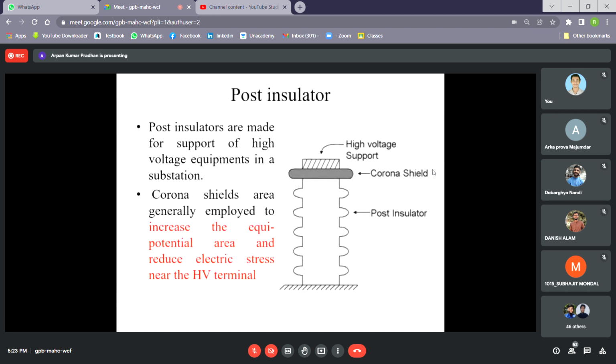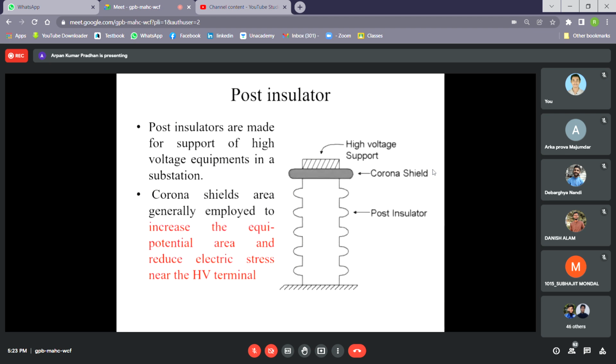Now, if you consider the post insulator, you can see another thing. If you consider the parallel plate configuration, the electric field intensity is constant. But if there are sharp edges or some point, then the electric field intensity becomes high, and as it is high, the insulation will get stressed higher.